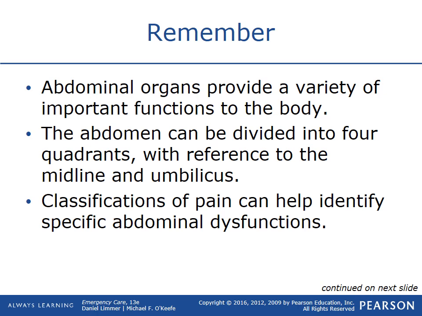Abdominal organs provide a variety of important functions to the body. The abdomen can be divided into 4 quadrants with reference to the midline and the umbilicus. Classifications of pain can help identify specific abdominal dysfunctions.